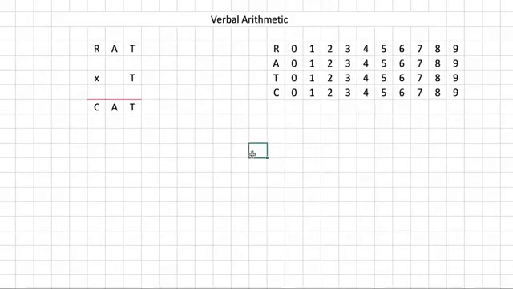We will try to find scenarios where A multiplied by A is giving us something like this. Basically, if something is being multiplied and is ending in the same digit, the same letter here.